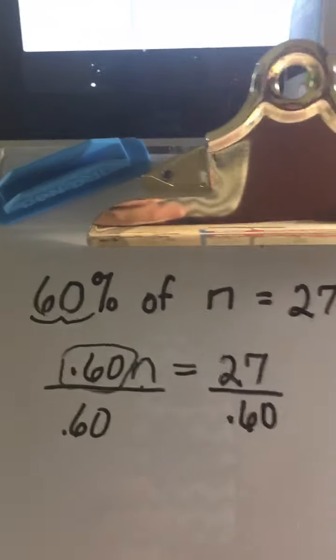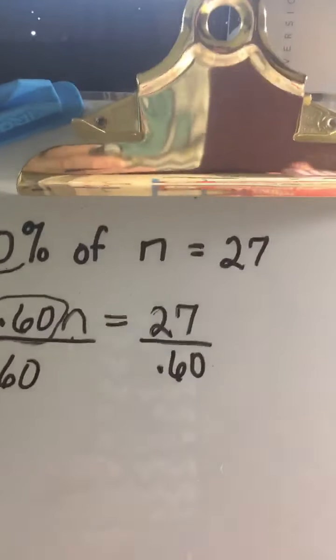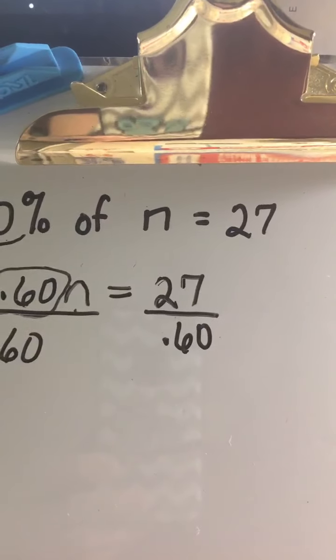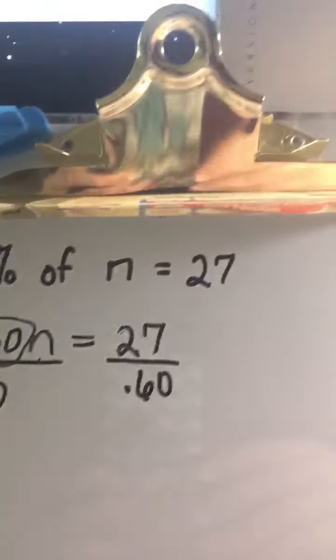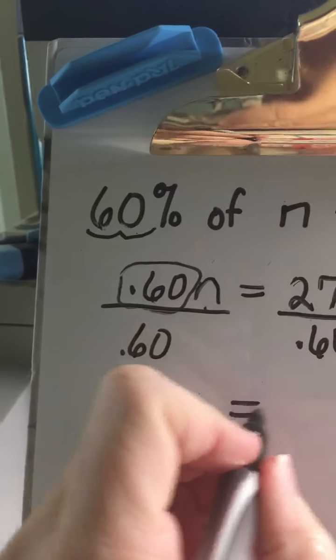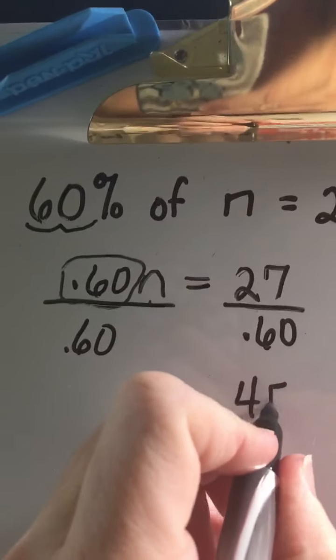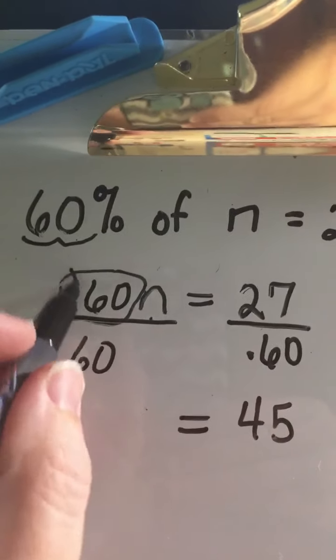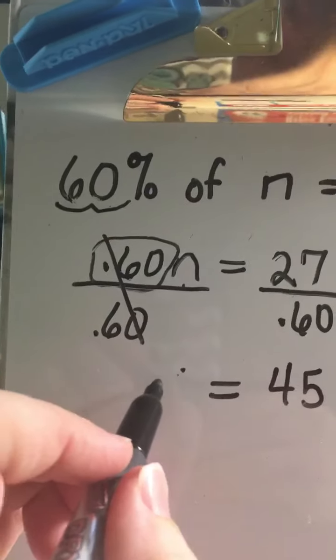So you want to get your calculator out, and you're going to put in 27 divided by 0.60, and you should come up with 45. And on this side of the equal sign, we got rid of this. All we have left is the n.